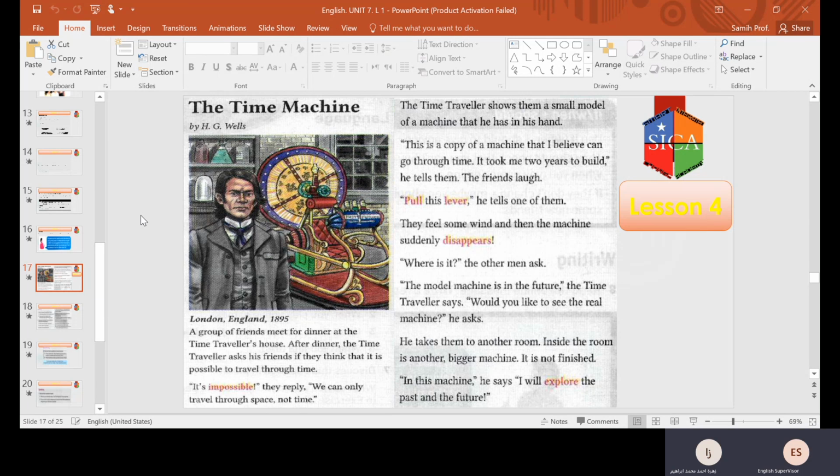To go from one place to another. Yes. Also to make it easy for us to reach long distances or to reach the places that are away from us, right? Great.